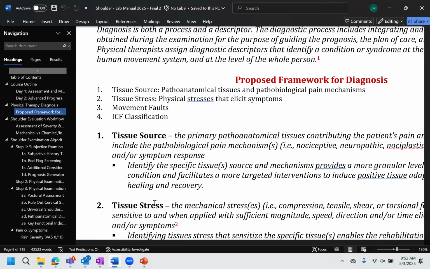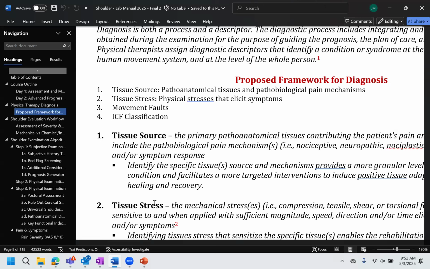My tissue stress would be compression. My MSI diagnosis we've already described is what's actually causing that compression: insufficient posterior tilting or upward rotation. And my ICF classification would probably be, depending on the irritability of it, I could either classify them into my pain category, because that's one within clinical practice guidelines, or it would be our motor coordination, right?